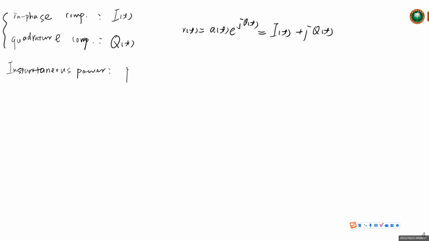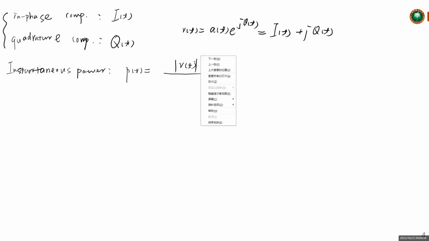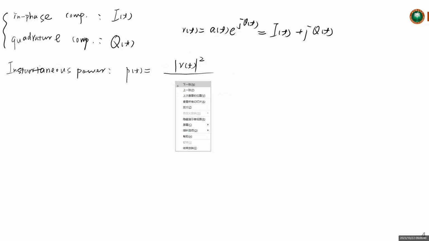The instantaneous power is expressed as the magnitude of the complex envelope, the absolute value of it, squared, divided by 2 times R, right?